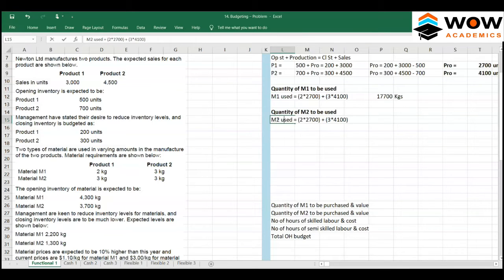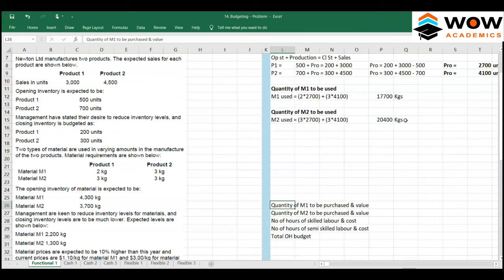M2 is required, 3 kgs, sorry, 3 kgs will be required for P1 and 3 kg will be required for P2. Let's get the answer. We got the answer, and this is also in kgs.